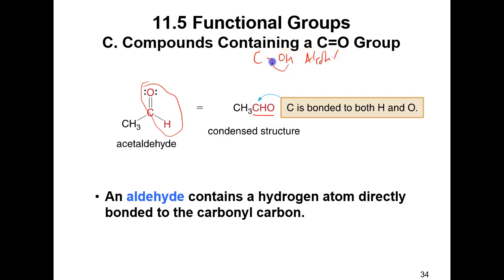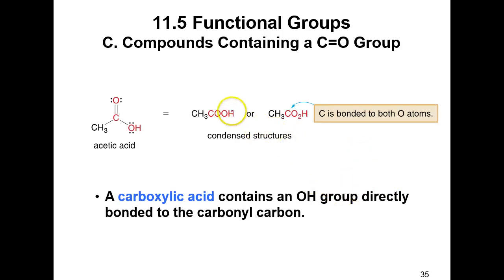But if the H is in front of the oxygen, it's called an aldehyde group. Okay, that's just kind of a shorthand. Carboxylic acids sometimes are CO2H. They look like this, or COOH. Yeah, so here we go. We have it. I didn't know if they had a slide. So these are condensed forms of these functional groups.